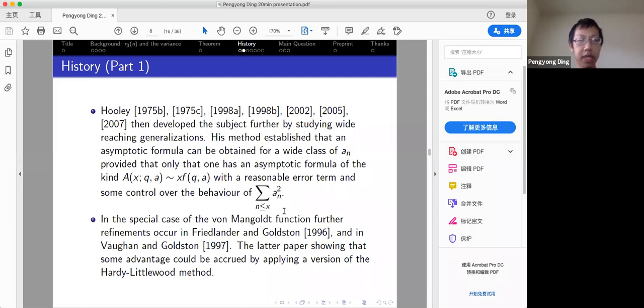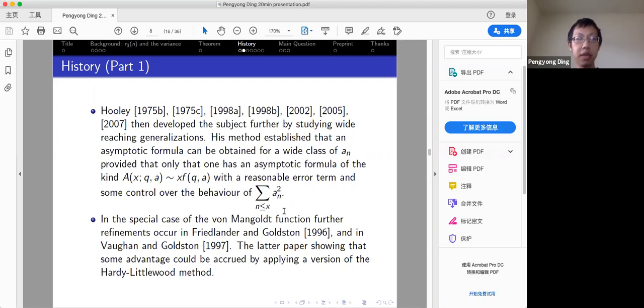In the special case of the von Mangoldt function lambda of n, further refinement occurs in Friedlander and Goldston in 1996, and in Wang and Goldston in 1997. The latter paper showed that some advantage could be obtained by applying a version of the Hardy-Littlewood method.